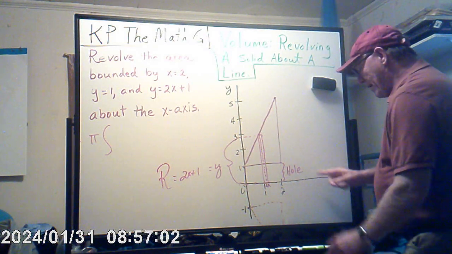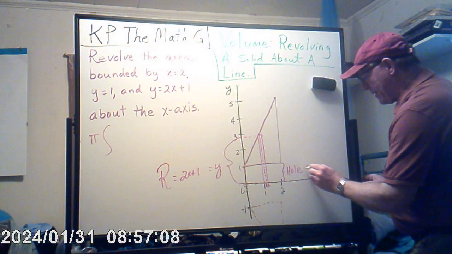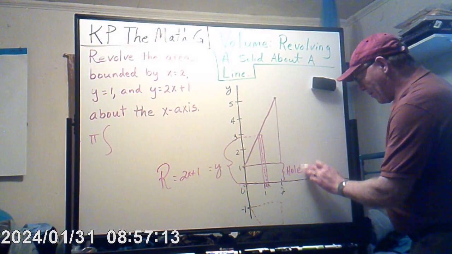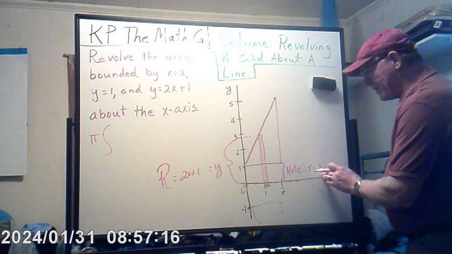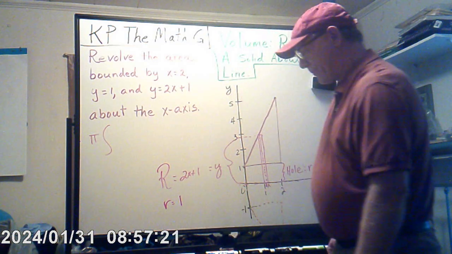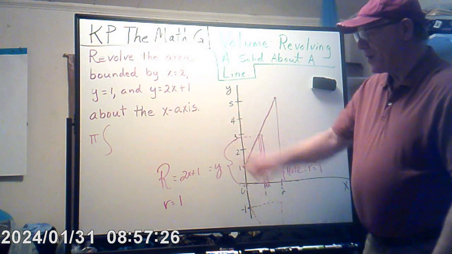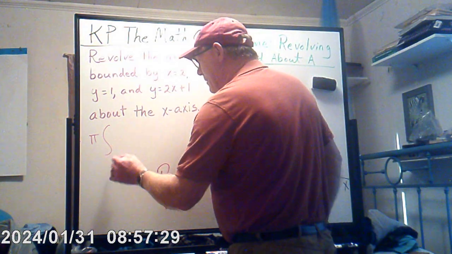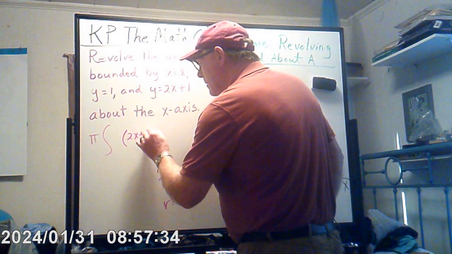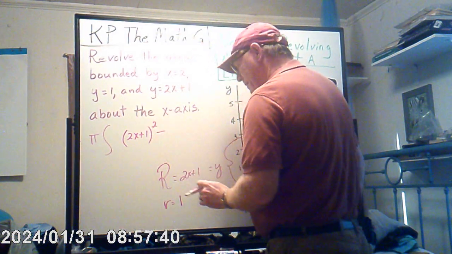How high is this? Well, we know, from 0 to 1. There it is. This is r, which is 1. The hole is the radius, which is 1. So little r is equal to 1 unit. And so, according to the pattern, we're going to take this big R and square that, minus, this is y.